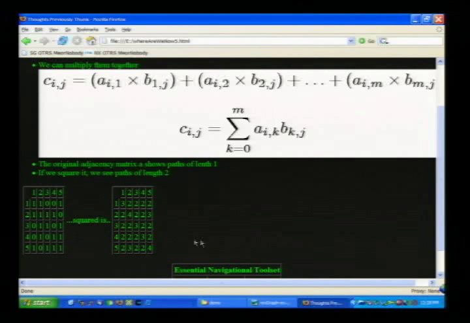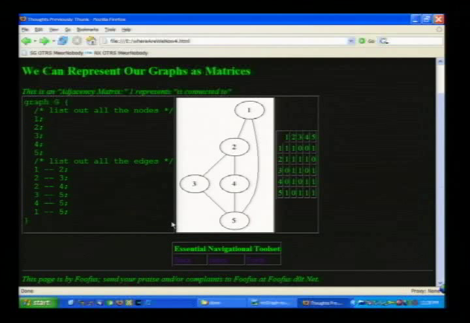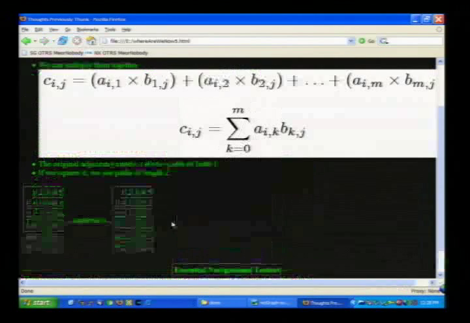So any place that there is a non-zero entry in one of these rows, it means there's a path of length 2 between these two things. In other words, this is a totally connected matrix. There are no zero nodes in here at all. From any one node, you can get any place else. And you can see that just visually inspecting it, right? There's nobody that's isolated on there.